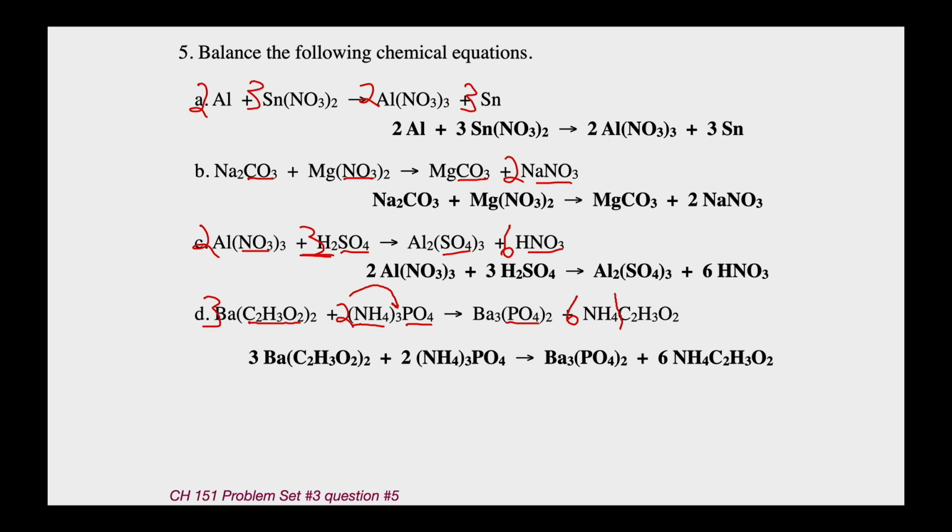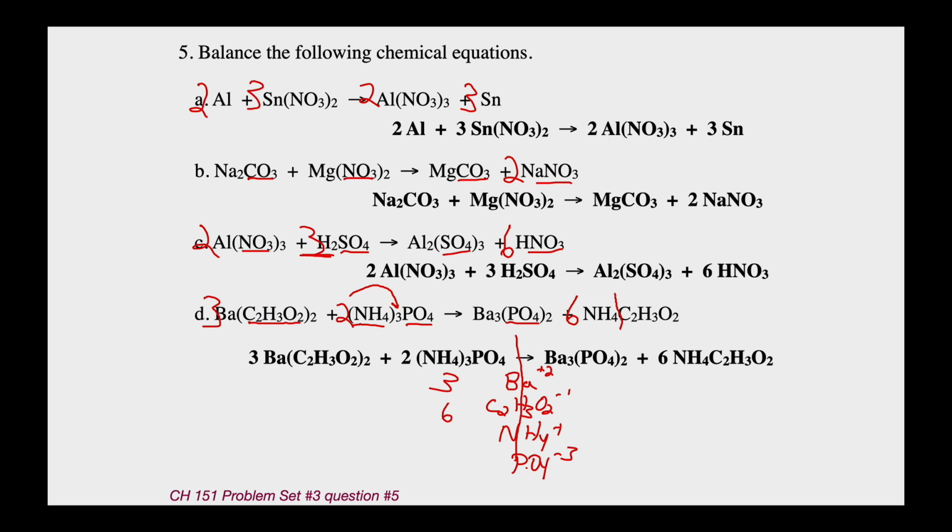And again, I encourage you to balance these anytime you want. In this one, to balance it, I would have the barium. I would have the acetate ion, which is that thing, C2H3O2 minus 1. I would have ammonium, which is NH4, and I would have phosphate, which is negative 3. So on the reactant side, 3 of the barium acetates means 3 bariums, and 3 times 2, 6 acetates.